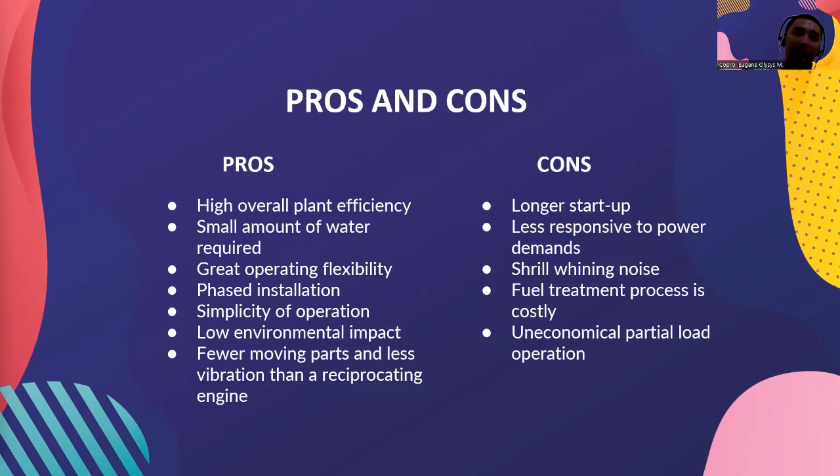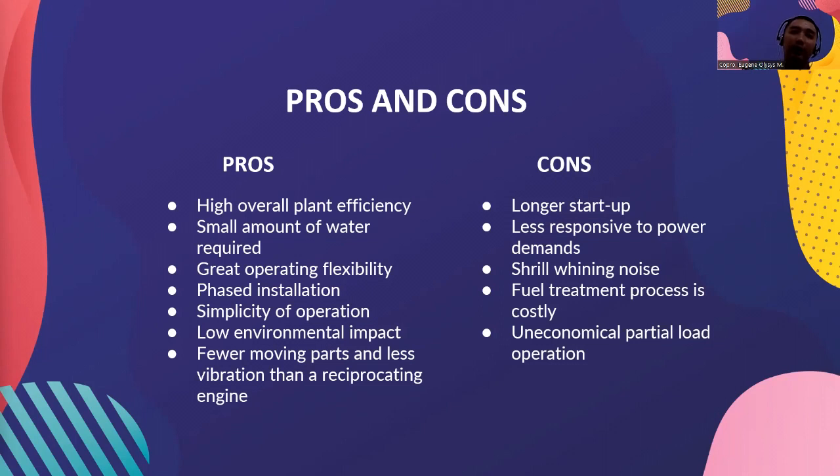And the sixth pros is low environmental impact because the combined cycle technology uses both a gas turbine and a steam turbine to generate electricity burning natural gas, fuel with a lower environmental impact than other fossil fuel. And the last pros, or the seventh pros, of combined cycle power plant is fewer moving parts and less vibration than reciprocating engine. And that is the 7 pros of combined cycle power plant.